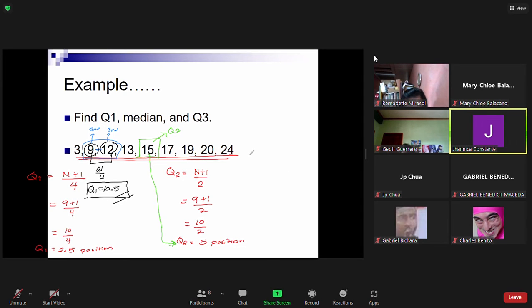So let's solve for the quartile 3. What will be the value of the quartile 3 in the set of data that we have here on the screen? Using the formula for quartile 3, which is n plus 1 multiplied by 3/4.